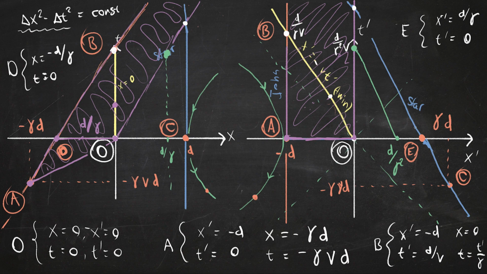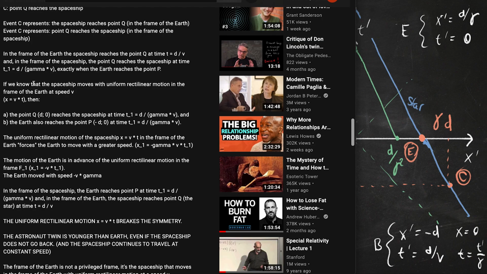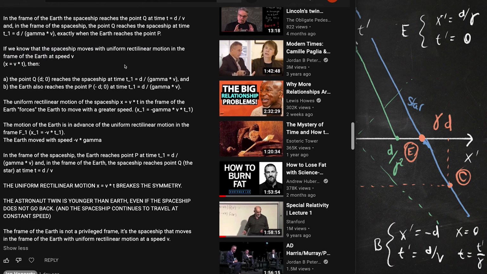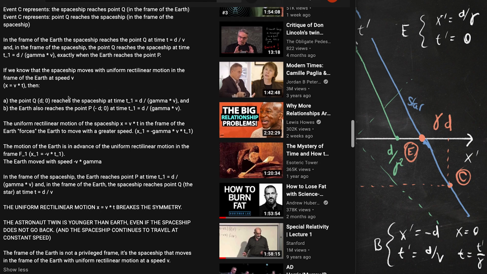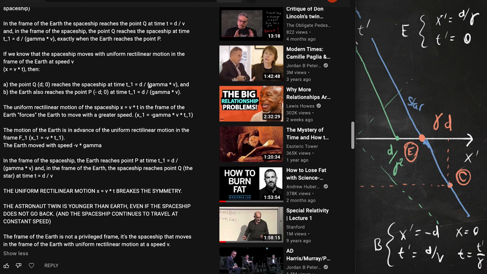So this event E was d on gamma, so you do that one divided by v, and you're going to get that time. Yeah, so d on gamma v. If we know that the spaceship moves uniform rectilinear in the frame of the Earth, then the point Q, which is the star, reaches the spaceship at time t prime equals d on gamma v. Yeah, we just said that.